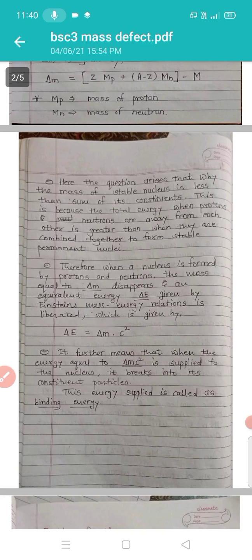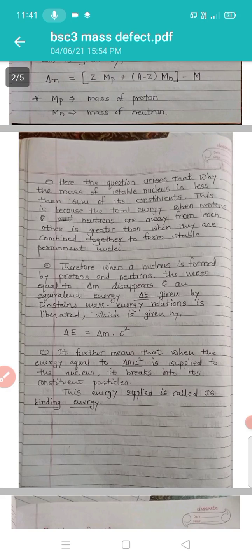This is because the total energy when protons and neutrons are away from each other is greater than when they are combined together to form a stable permanent nucleus. Hence, the mass of the stable nucleus is less than the sum of its constituents.